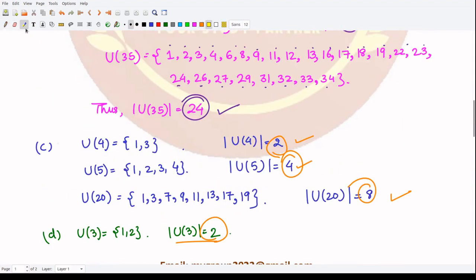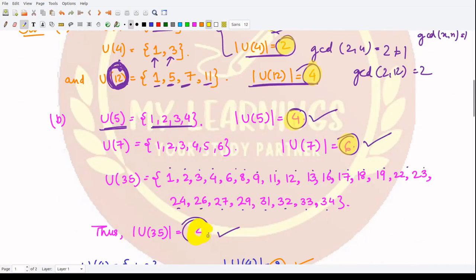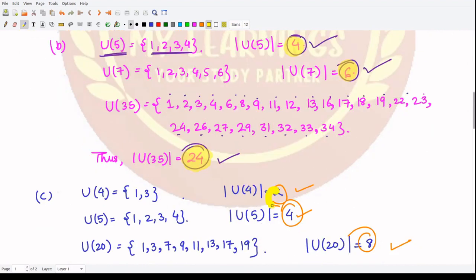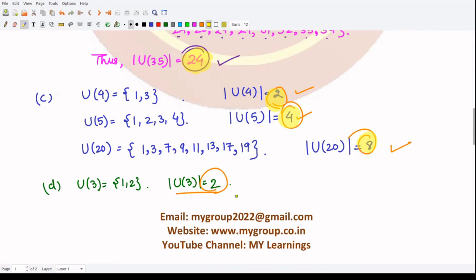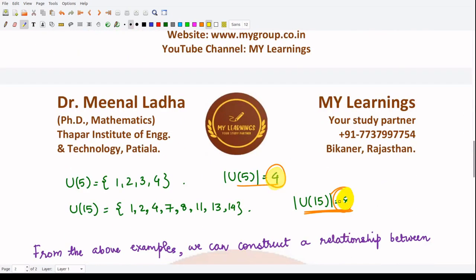The answer is very simple. Yes, you see, when you multiply 2 with 2, you get 4, right? When you multiply 4 with 6, you get 24, correct? When you multiply this 2 with 4, you get 8, correct? And when you multiply this 2 with 4, you get 8, correct?